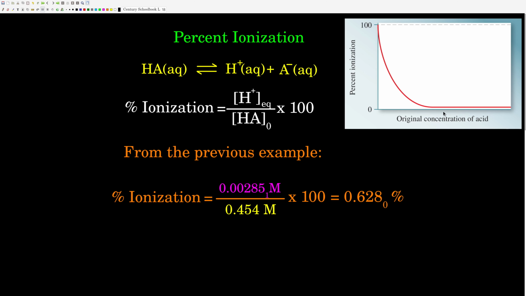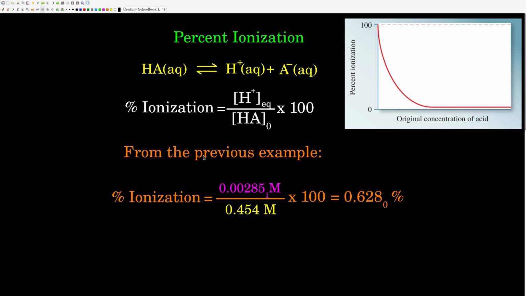Now, that doesn't mean the amount of hydrogen ion decreases. As we start with a greater initial concentration of our acid, we end up with more hydrogen ion in solution. But the percent that ionizes decreases, just like this.